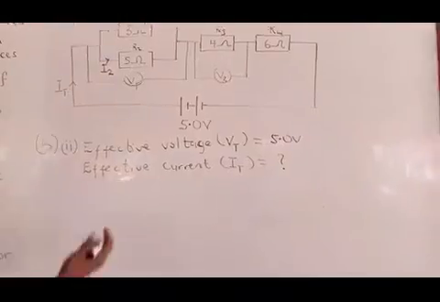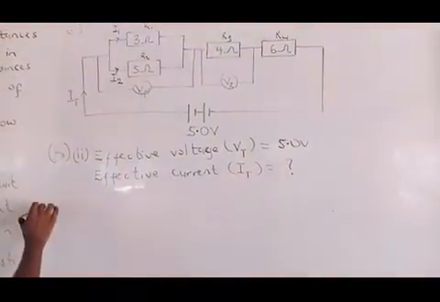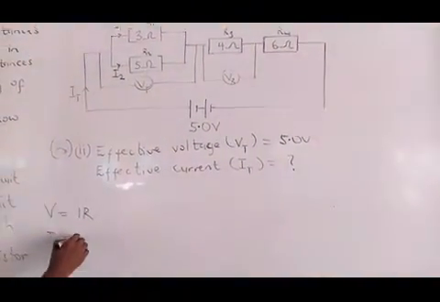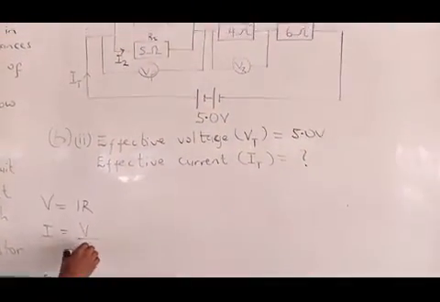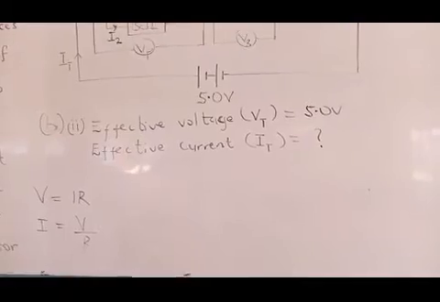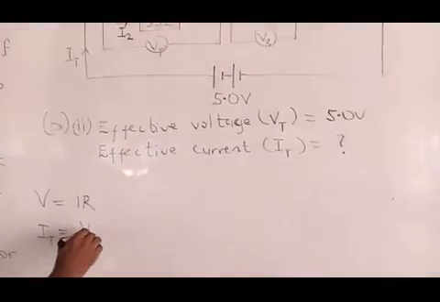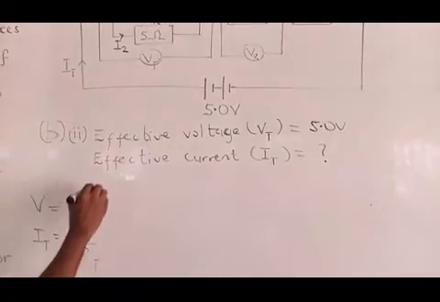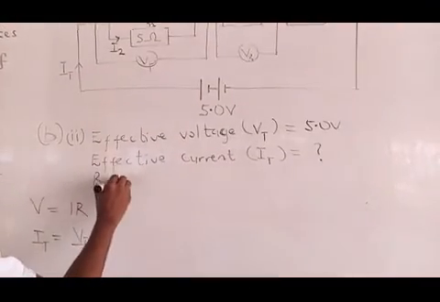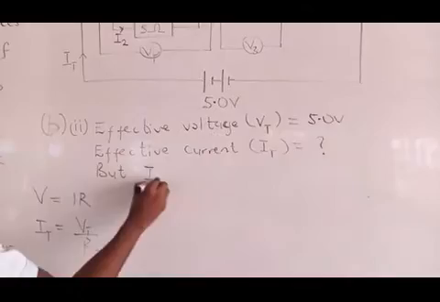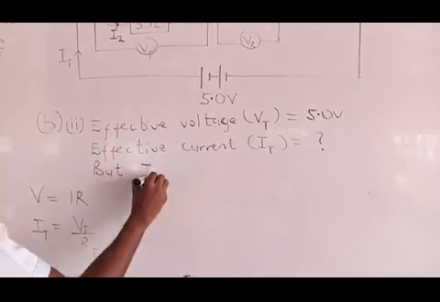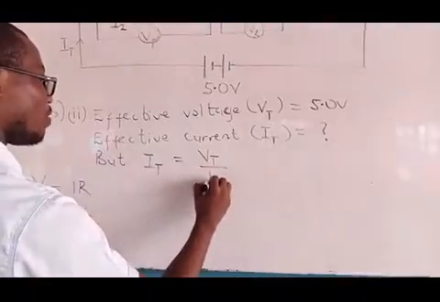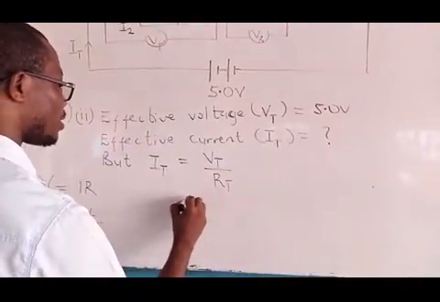We said that if you're looking for the effective current, you always need Ohm's law, V equals IR, and then make I the subject, which is V on R. So our effective current will be equal to the total voltage over the total resistance.